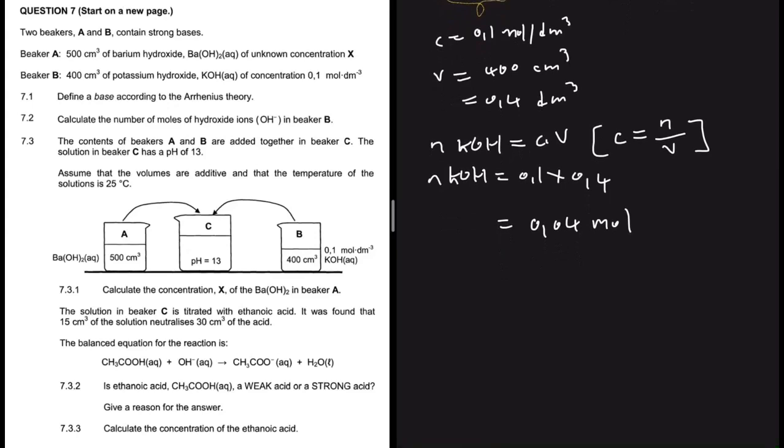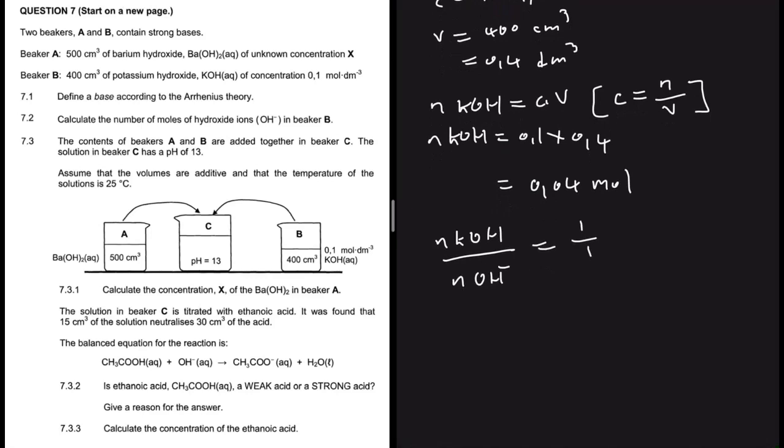The number of moles of KOH divided by the number of moles of OH- is equal to 1 divided by 1, because of the balancing coefficients. So basically the number of moles of OH- is equal to the number of moles of KOH, which is 0.04 moles. And that's how you do 7.2.